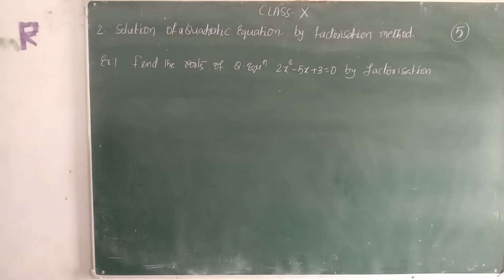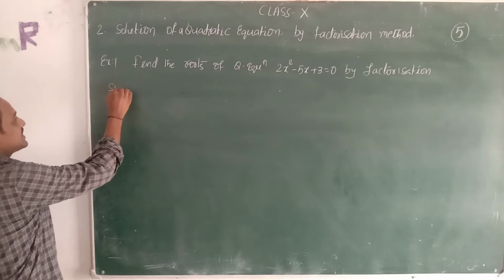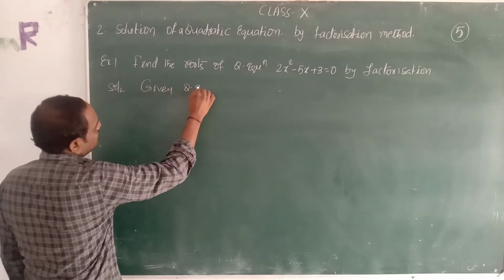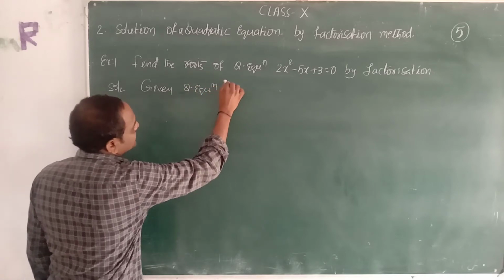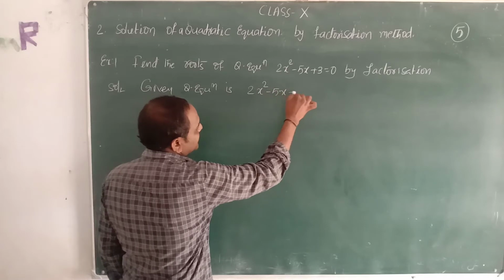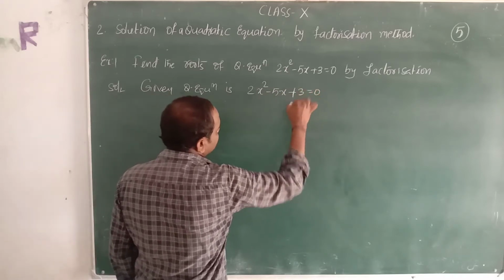So here, find the roots of the quadratic equation by factorization. So first, what is the given quadratic equation? The given quadratic equation is 2x square minus 5x plus 3 is equal to 0.